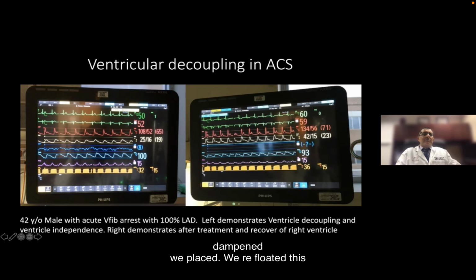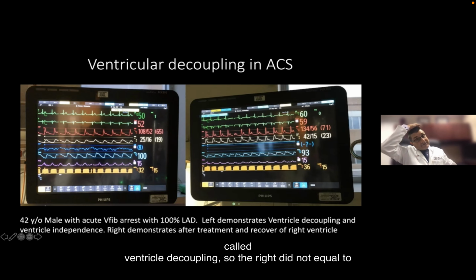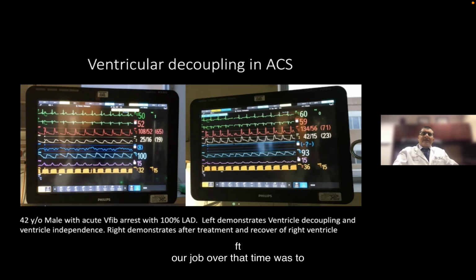We refloated the Swan, and we found that if you look, the arterial waveforms on day 1 compared to the pulmonary artery waveforms were way off, and they were muted. So we knew at this point that this patient had something called ventricle decoupling. The right did not equal the left. Our job over that time was to optimize the fluid management for the patient.